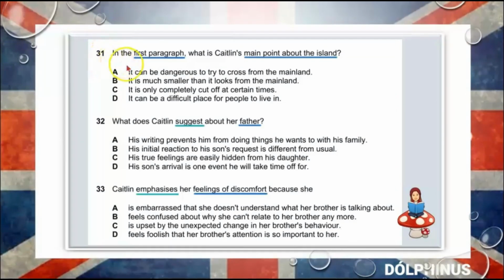Question 31, we know it's in the first paragraph, and it's the main point about the island they're looking for. In 32 is when she's talking about her father, and 33 when there are feelings of discomfort. Do not read A, B, C, or D yet.